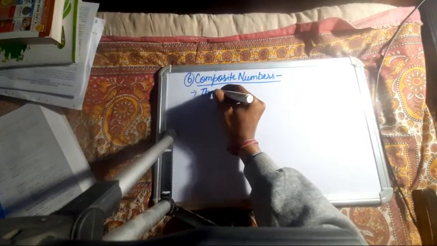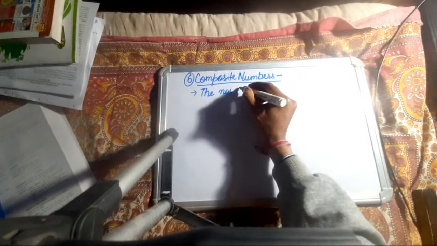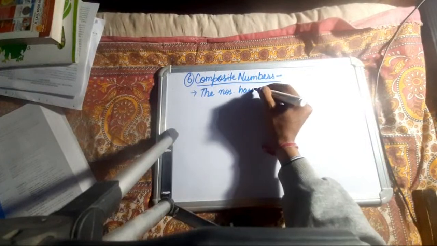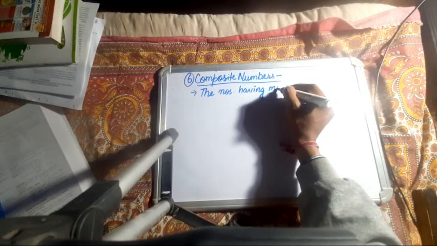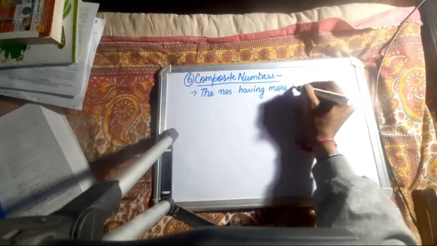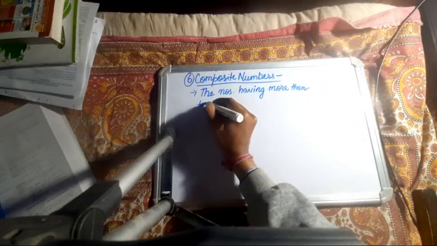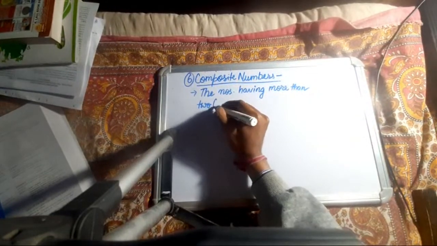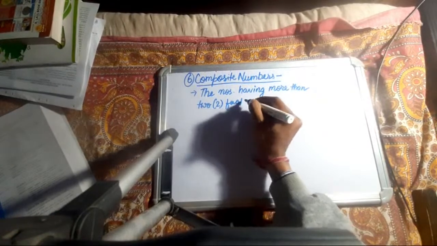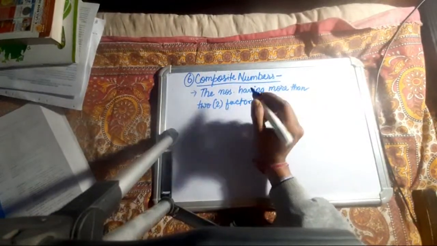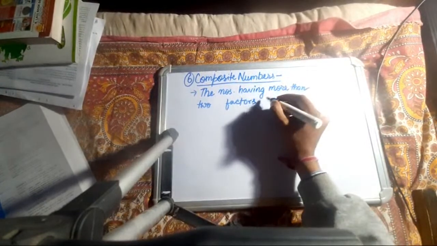The numbers having more than two factors are called composite numbers.